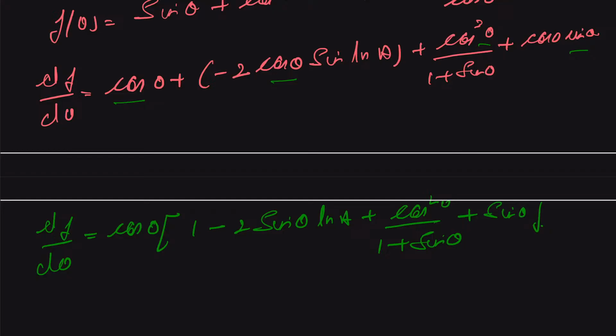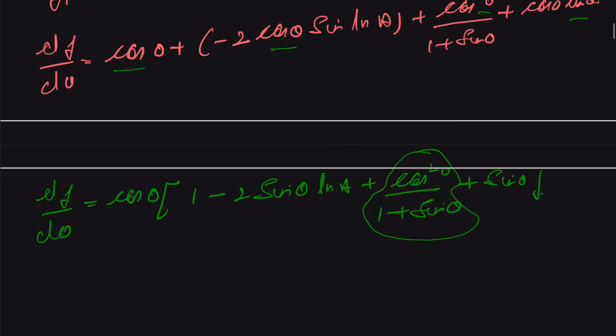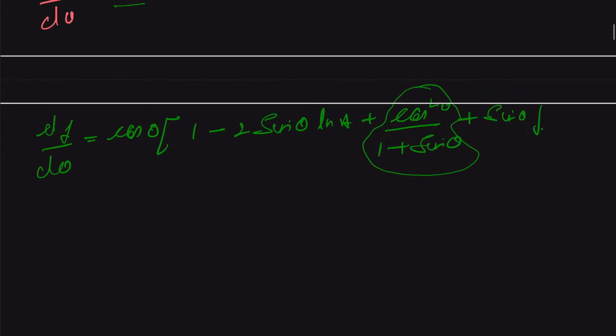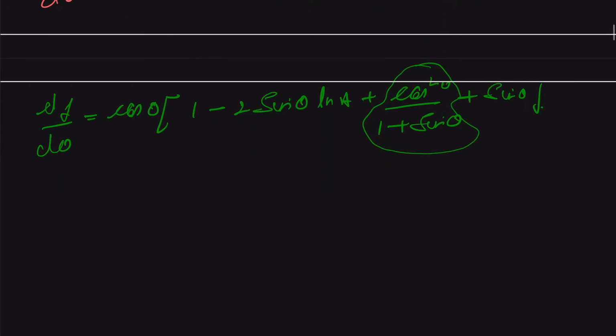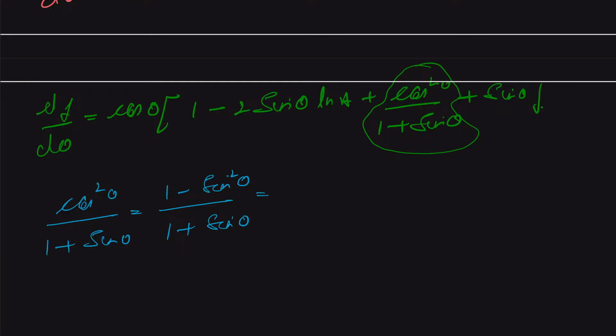And we can simplify this function, and cos square we can write as 1 minus sine square theta, so cos square theta upon 1 plus sine of theta comes as 1 minus sine square theta over 1 plus sine of theta.